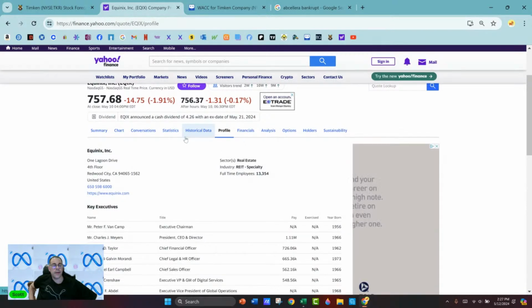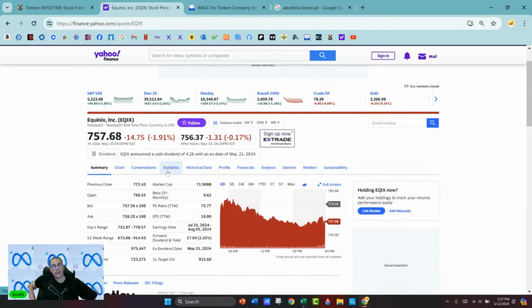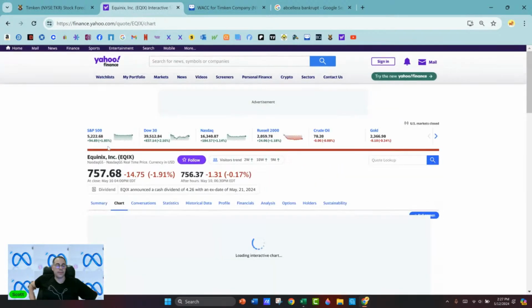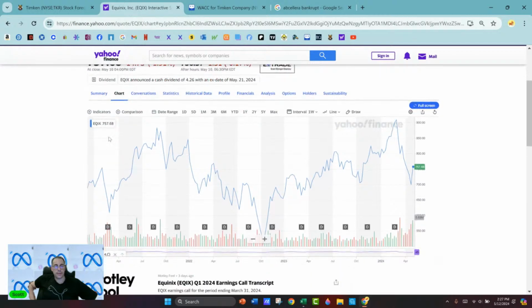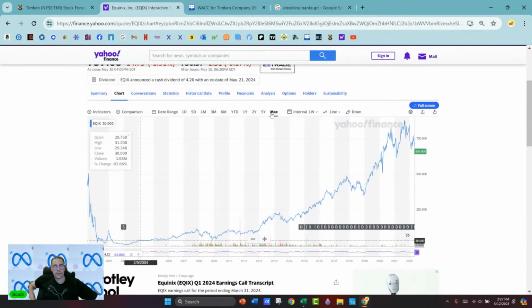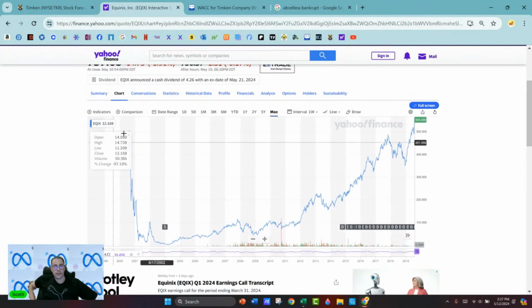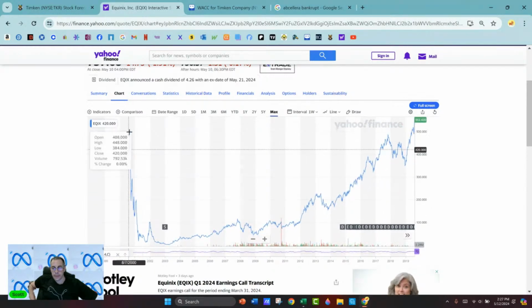Another REIT. These REITs have been really kind of struggling. Well, it depends what market you're in. Well, look how high it was at IPO.